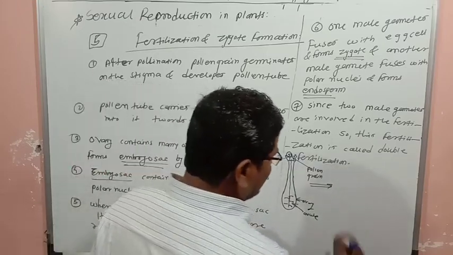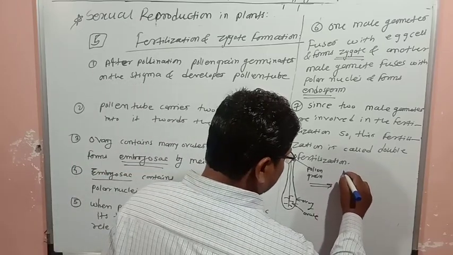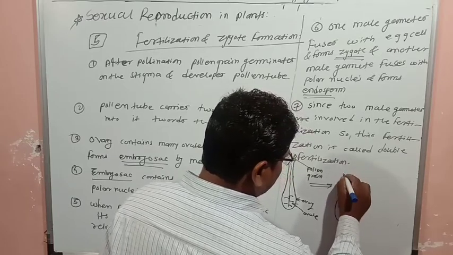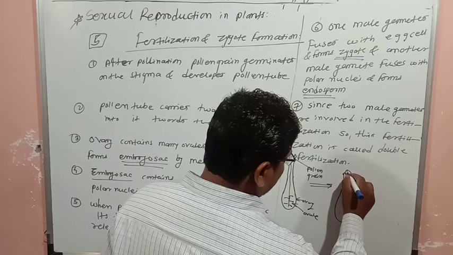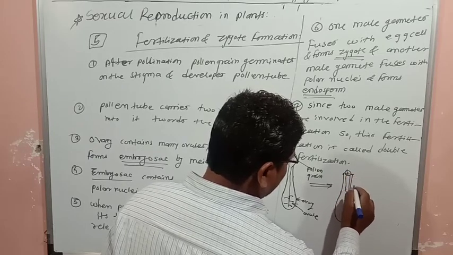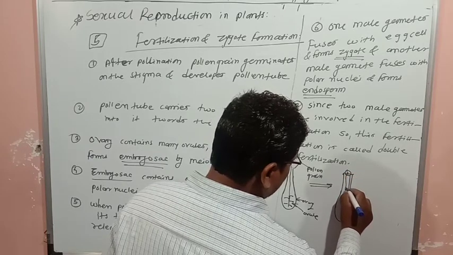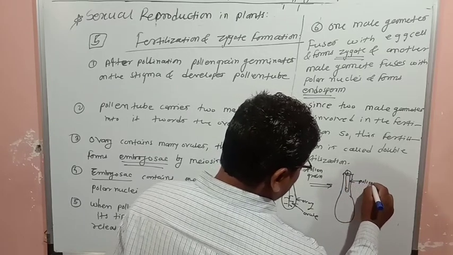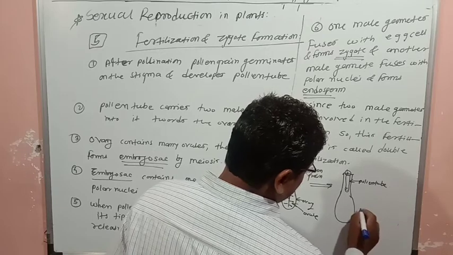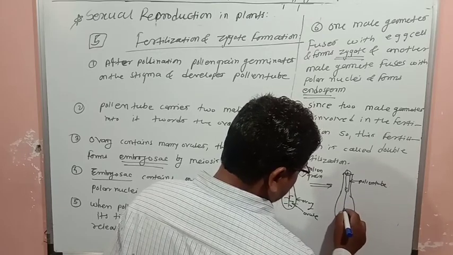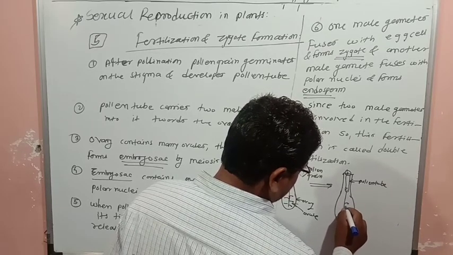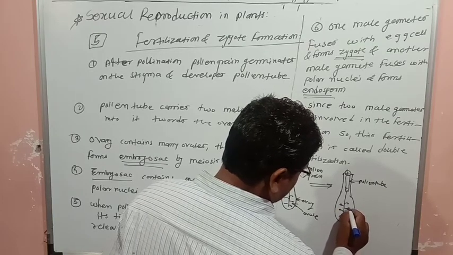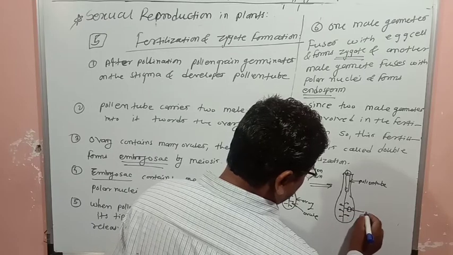Then germination will take place. The pollen grain germinates and the pollen tube is formed. It contains two male gametes. This is the pollen tube.